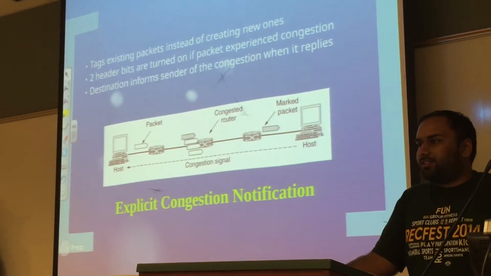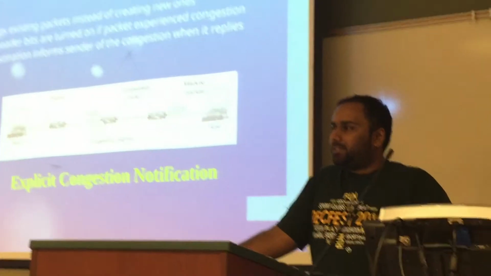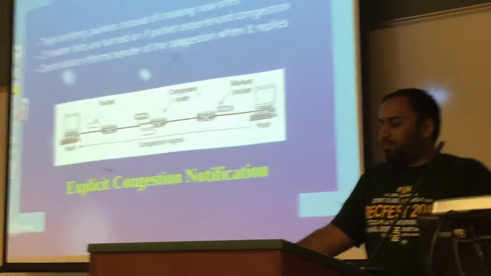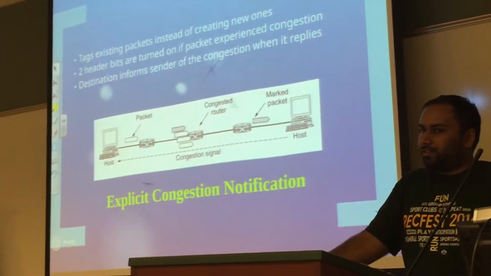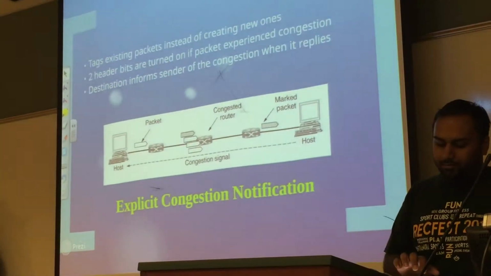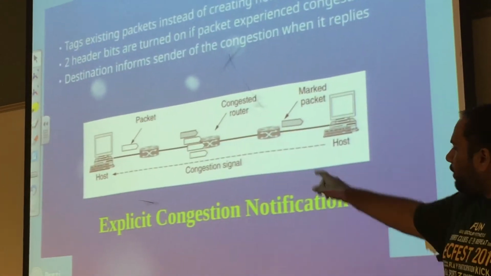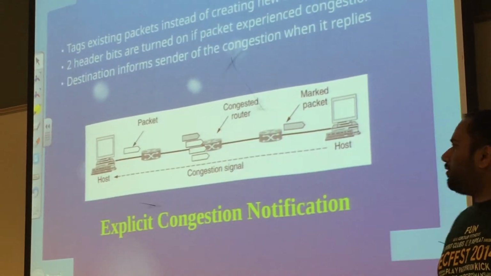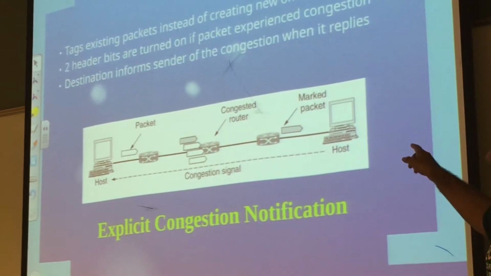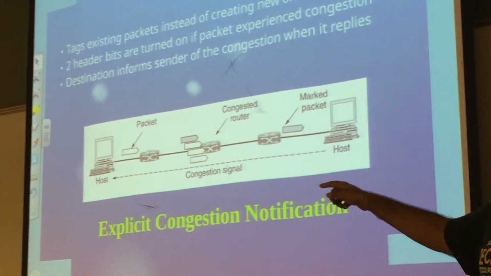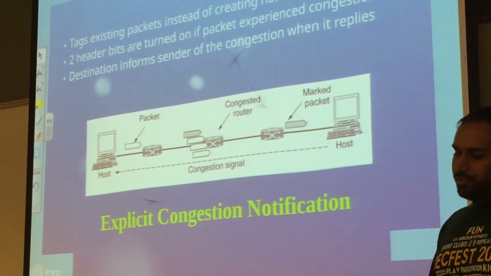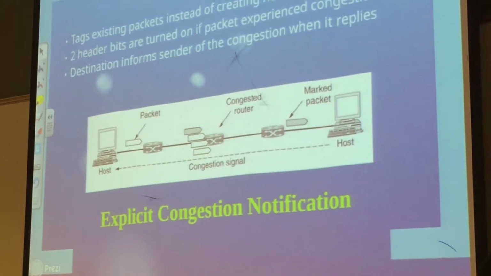It goes all the way to the destination first, and then the destination will reply to the sender. It tells the sender that there's congestion and to slow down the transmission. In the image, you can see the marked packets being sent from the congested router. The destination gets the marked packet and then sends back a signal to the source, showing that there's congestion.